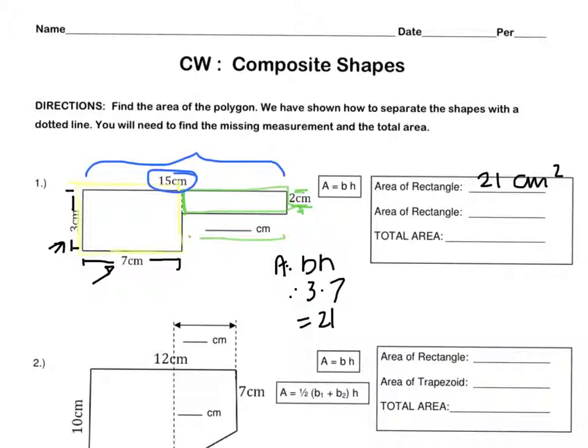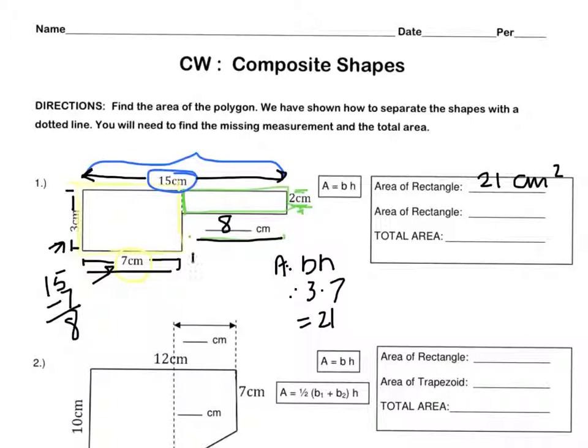I know from what I just did that this side right here is 7 centimeters. And so if I have 15 and I subtract 7 from it, I will get 8 remaining. And so that is that 8 centimeter side, because this is the total, and this is a part, and this is the other part that makes up that whole length.